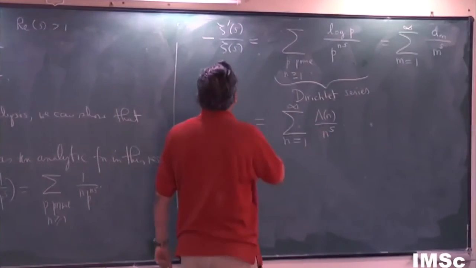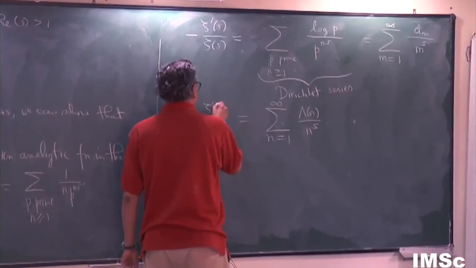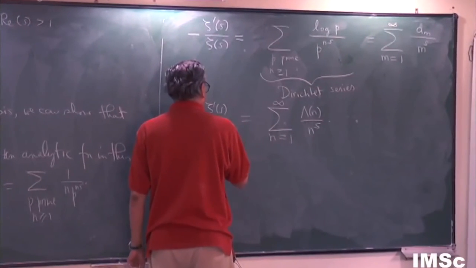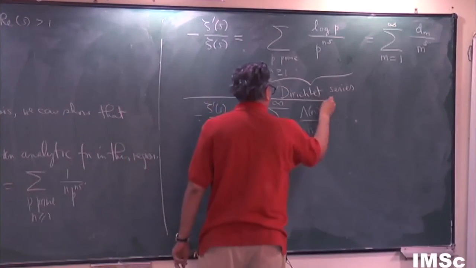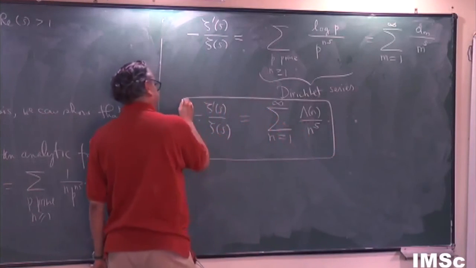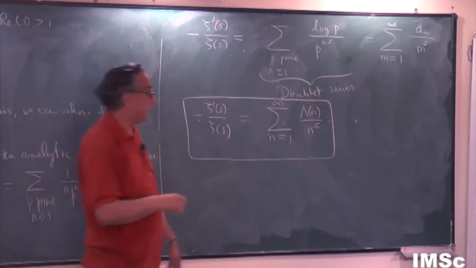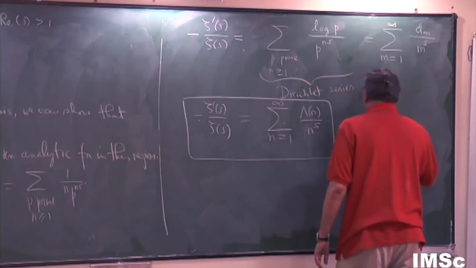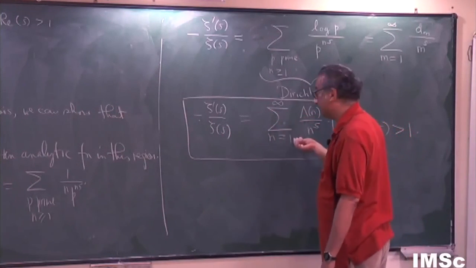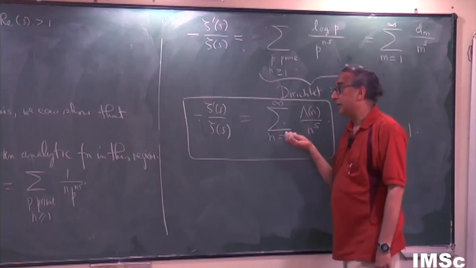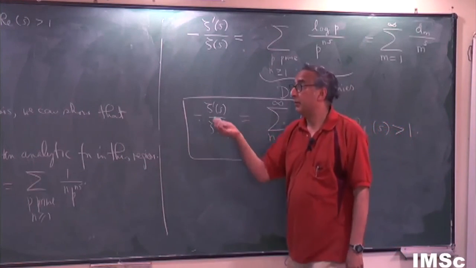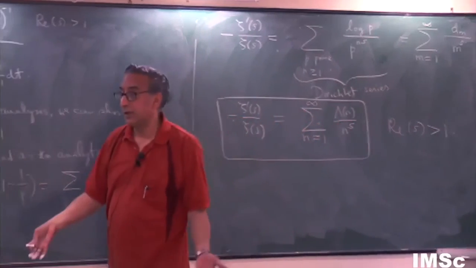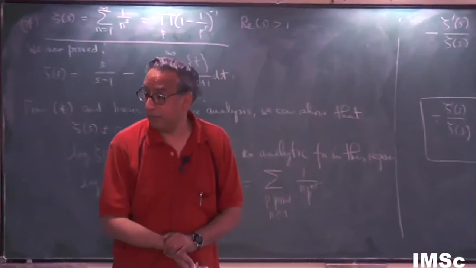And so, in other words, minus zeta prime of s over zeta of s is really the series that you should be looking at. But this is all valid for real part of s bigger than 1. This series is valid for real part of s bigger than 1, but we continued the function to the larger region, real part of s bigger than 0.